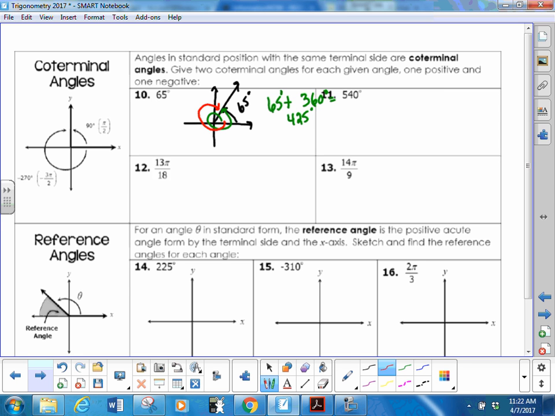It's negative something, but how much negative is it? Negative 295, and the easy way to find it is just do the 65 degrees minus 360, and it gives you negative 295.